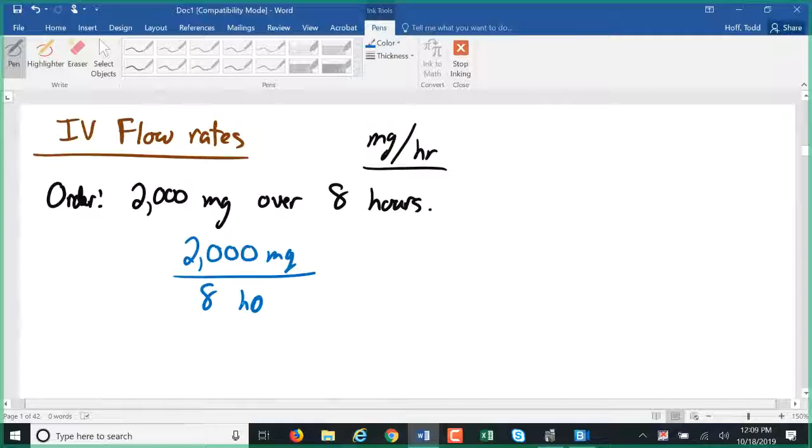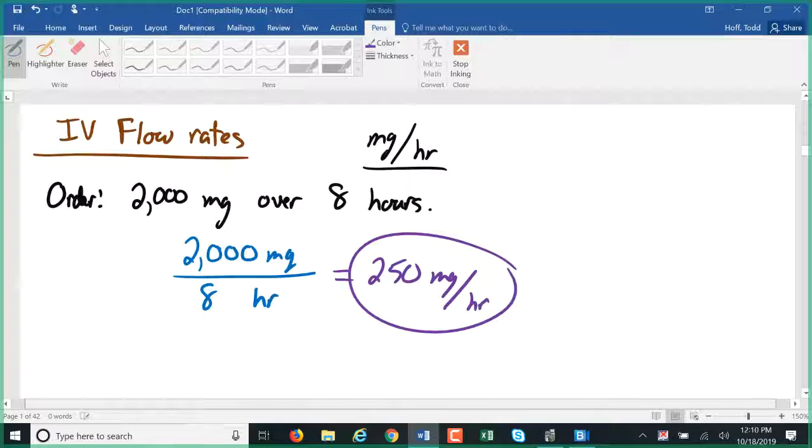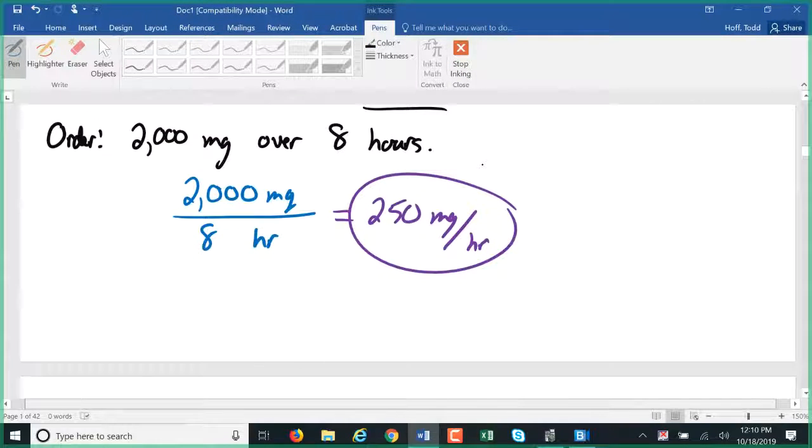Here is 2,000 milligrams over 8 hours. 2,000 divided by 8 hours is 250 milligrams per hour. That is the flow rate for that order. That's relatively simple, just dividing it out.